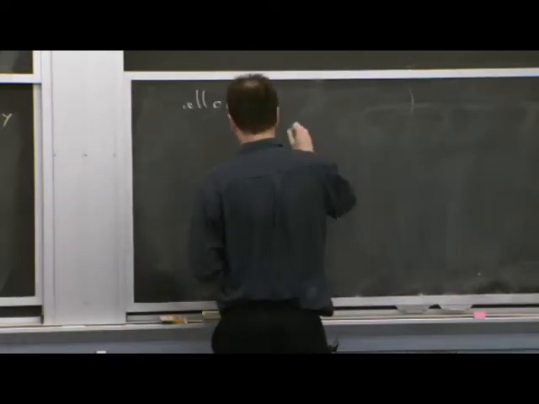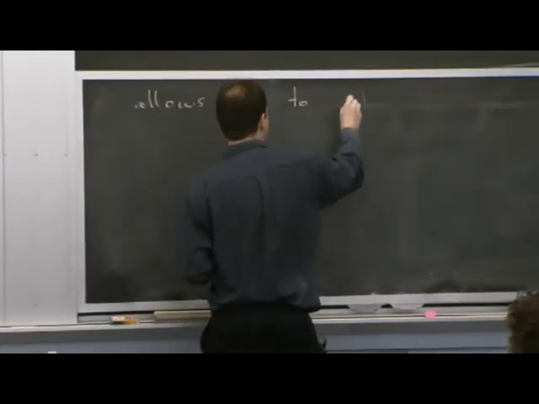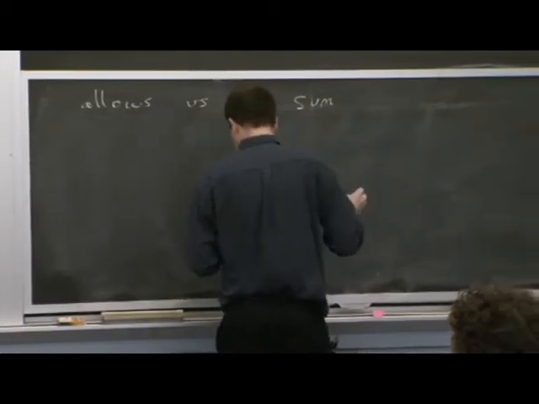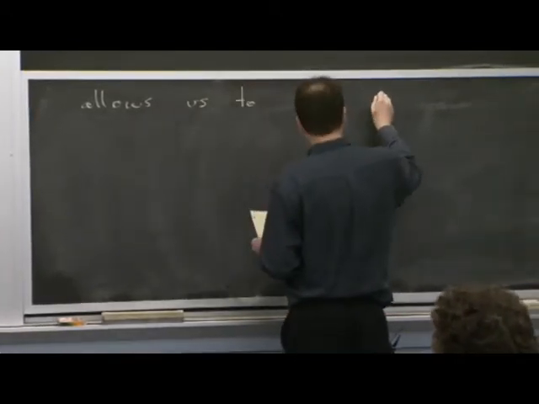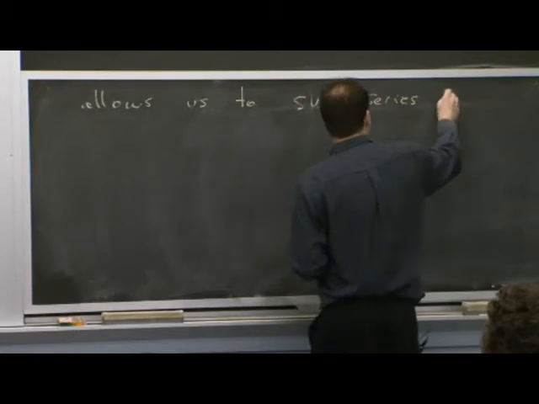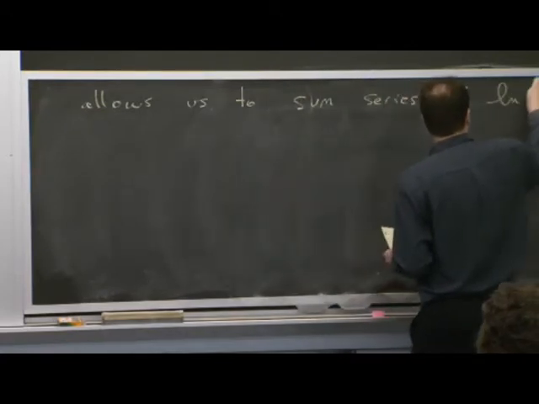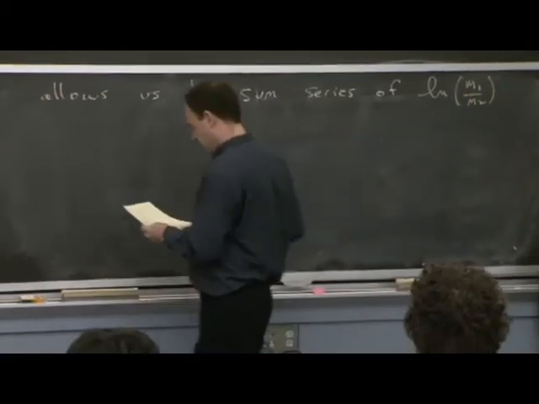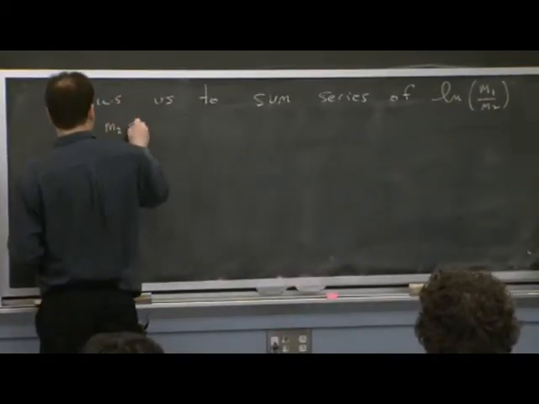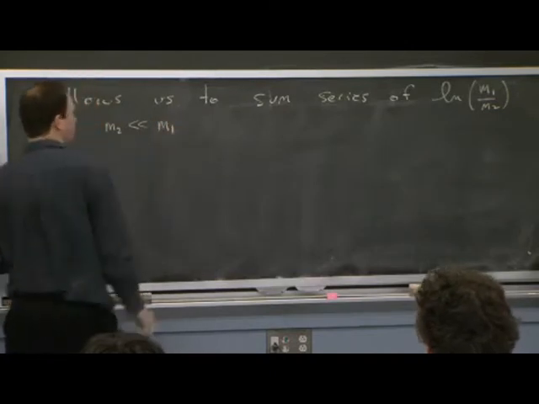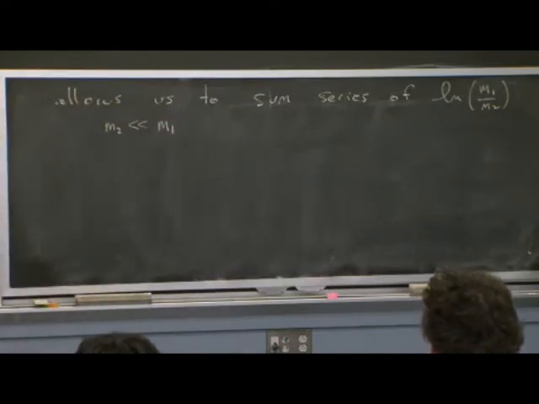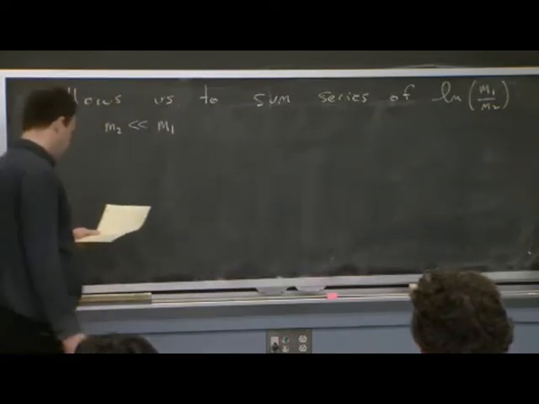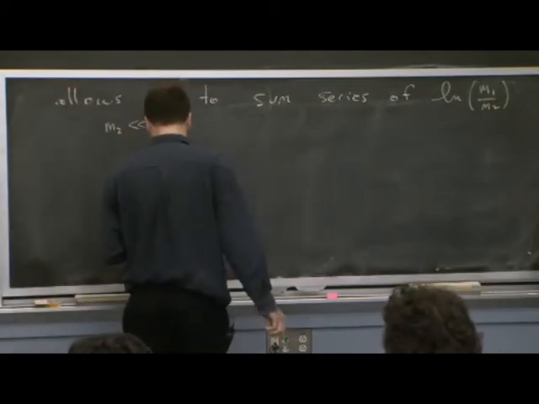And allow us to sum infinite series of those logarithms. So often, just the power counting and the renormalization of the low energy theory will actually allow us not only to calculate the logarithms, but to think about summing up infinite series of those logarithms.